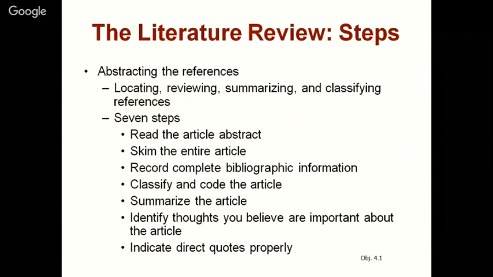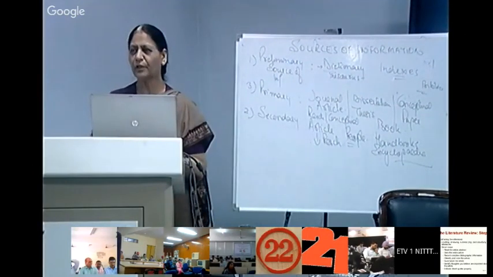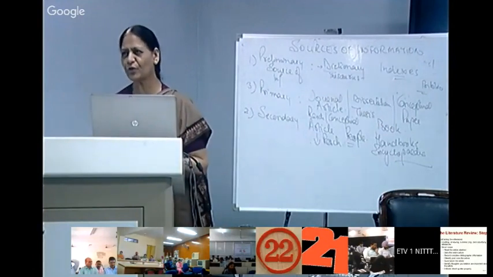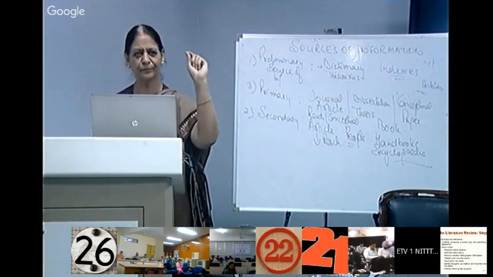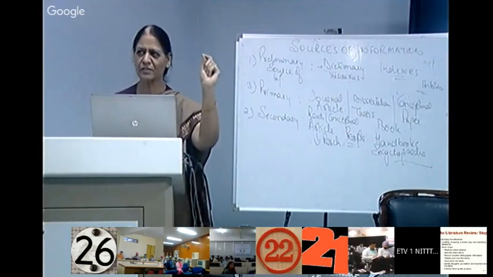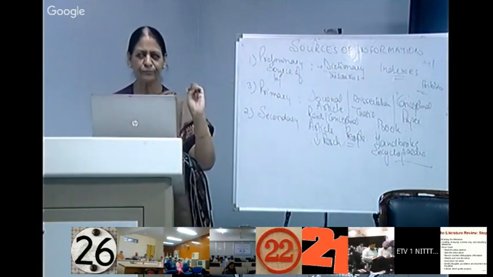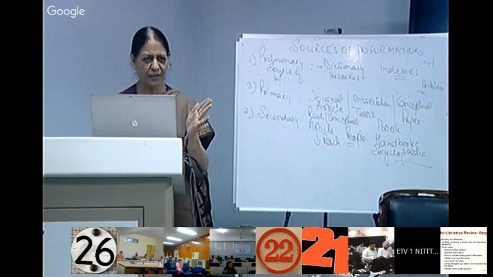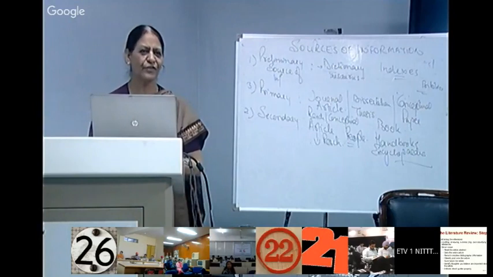And then, before you start jotting down your ideas on a piece of paper or on the computer, try to have 4 or 5 questions in your mind. मैंने क्या देखना है? Objective of the study, the context in which the study was conducted, the methodology which has been used, major findings of the study, and the further suggestions for research.